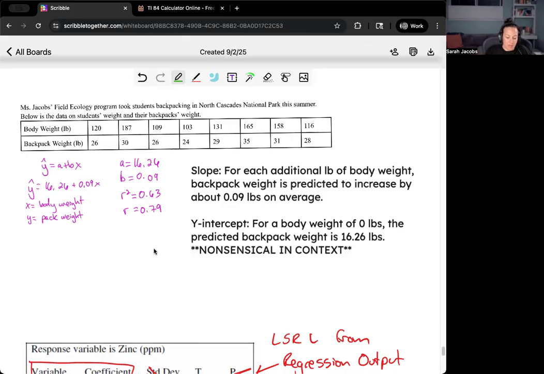Okay. Then for r squared interpretation, last thing. So r squared. So that's our 0.63.